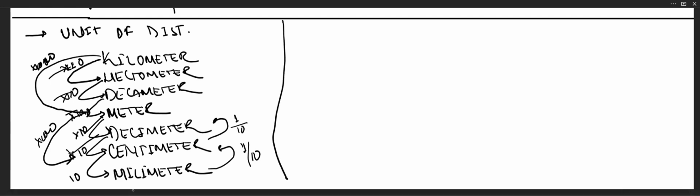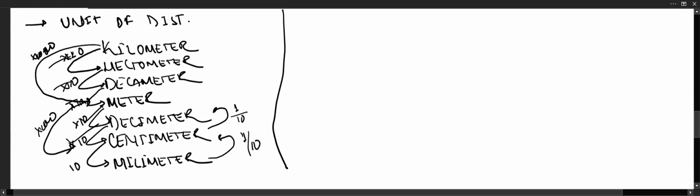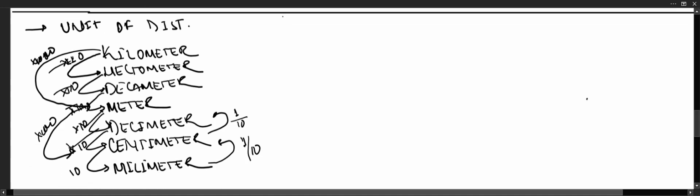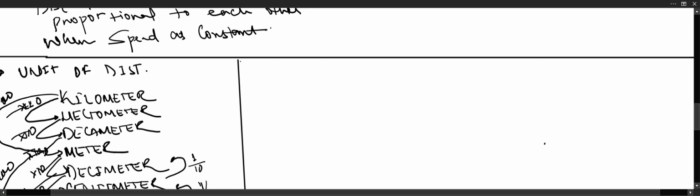Now we will see how the conversion of unit of time takes place.